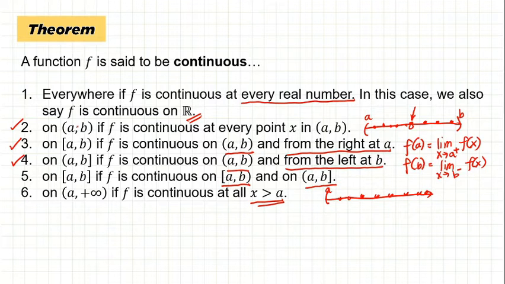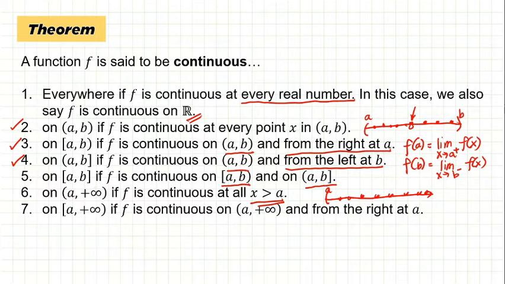Si number 2 is more specific kasi meron siyang endpoint sa right side. Dito, walang endpoint. Okay? Number 7, so on the close at A to positive infinity, if F is continuous on A to positive infinity, so balik kayo kay number 6, and from the right at A. So, kukunin nyo ulit ito.